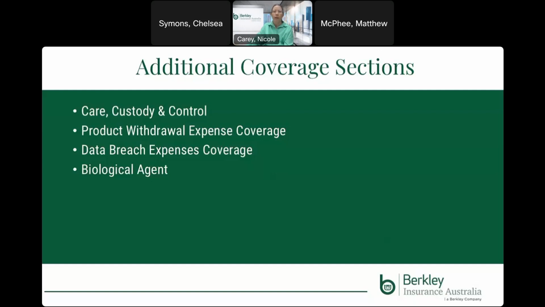The coverage covers notification expenses, credit monitoring and data recovery expenses, cyber investigation defence costs and crisis management expenses. Just really important to note here, it's not a full-blown cyber liability coverage. It's a sublimited sleep easy coverage in case something happens and there's no coverage somewhere else, but it's not going to be a full cyber policy.